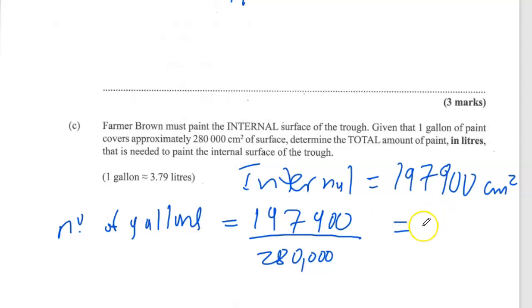So the number of gallons is 0.707 to 3 decimal places.